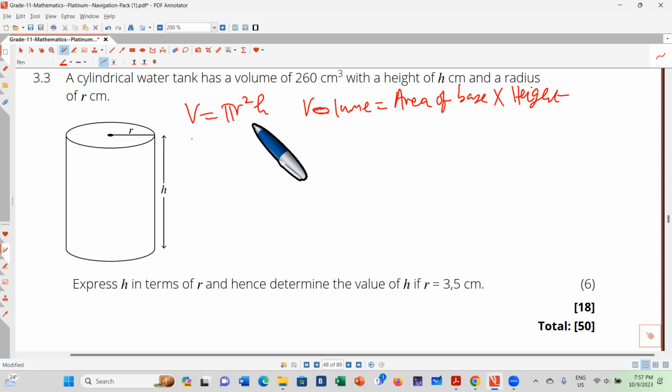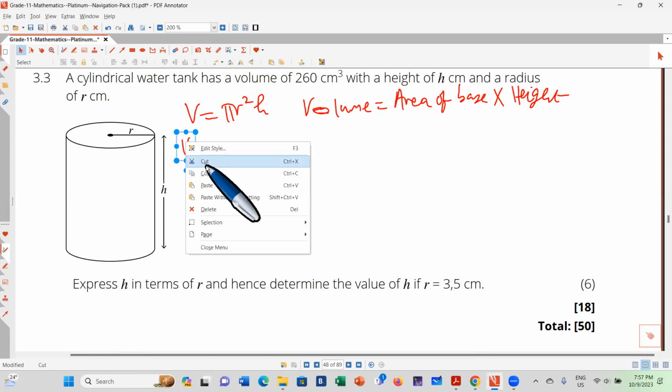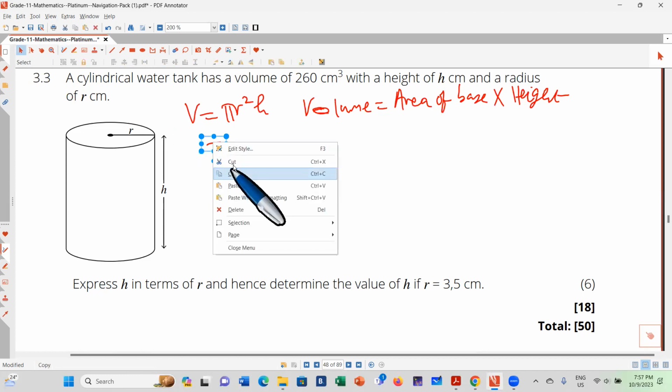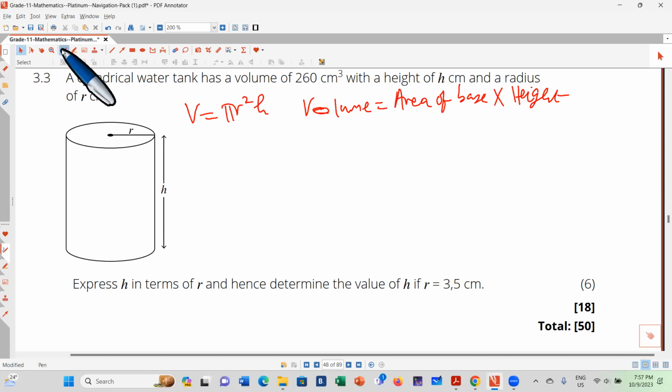So what is the area of base? It's by the radius. Okay, the volume is this. So you have everything already. If need be, you can substitute straight away, and then make the subject at a later stage.